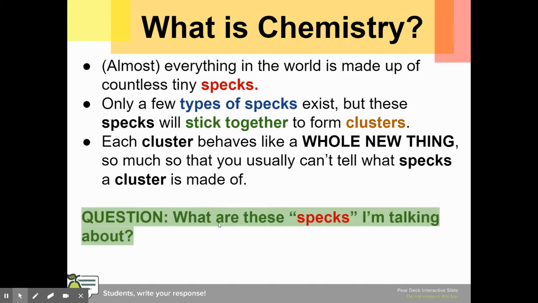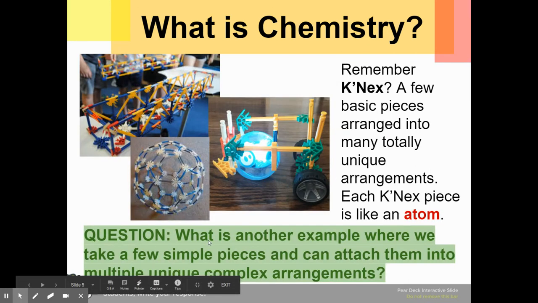Okay. Now, of course, these specks that I'm talking about are atoms. And atoms kind of function like K'NEX in that there's basically just a few types of atoms, but there's an almost infinite number of ways to arrange them into different things. And I think a lot of you, I mean, I taught STEM eighth graders, so I think you remember some of the things we did with K'NEX.